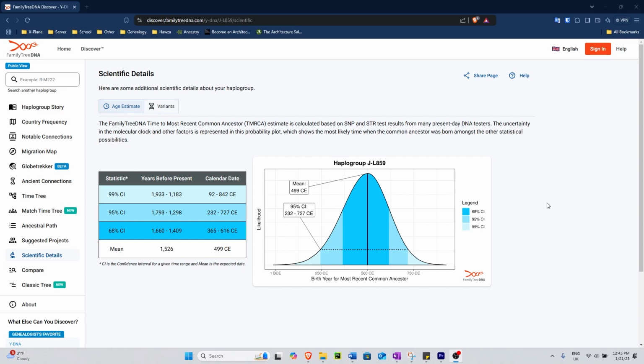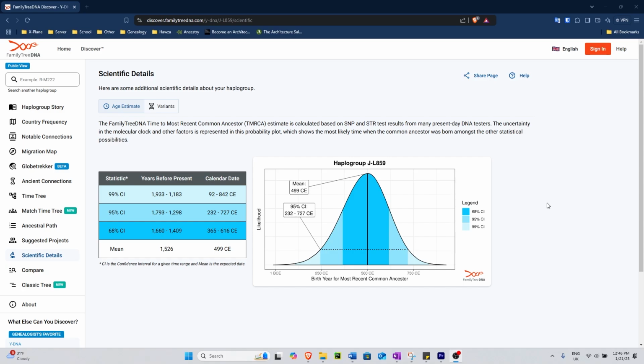So the mean of the range for L859 is about 500 CE, but there is of course a range which could be between 232 and 727. If there are only two testers, the mean may not be as accurate as it should be, but with L859, when there are more than 600 men belonging to this haplogroup, the accuracy of the TMRCA is essentially near 100%.